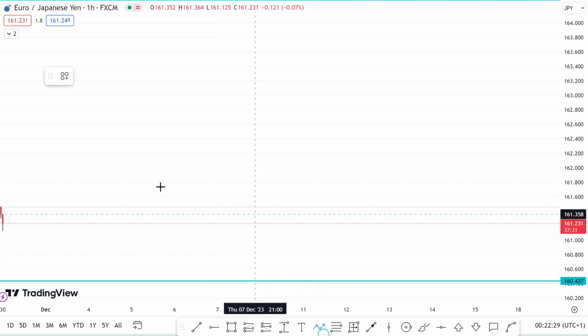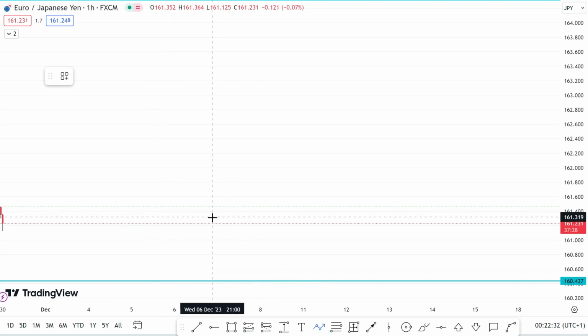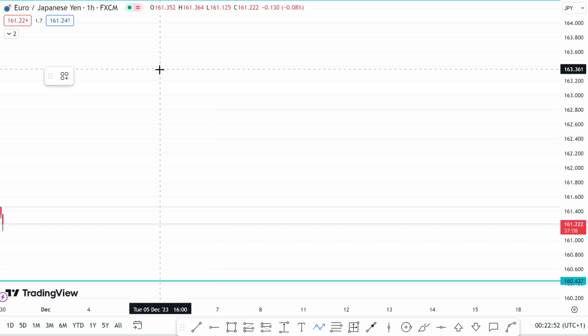Alright, so in this scenario we have a trending market, and this strategy can be applied to trending markets, and you can also apply it to consolidation markets as well. But the best place to practicalize this strategy is on the trending market.